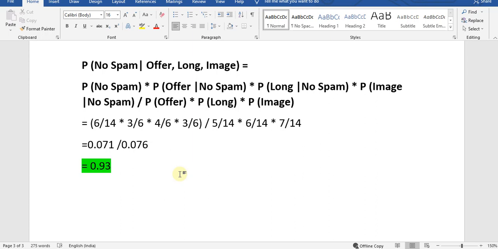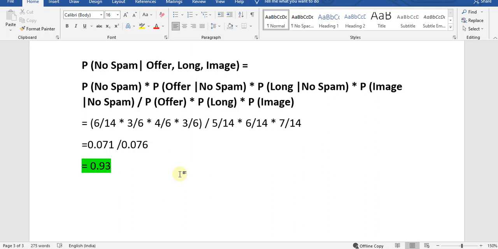So you can understand that if I do this probability calculation for all possible feature values, for spam and not spam, then I can make a prediction set: when this combination of features is given, whether the mail is spam or not spam.